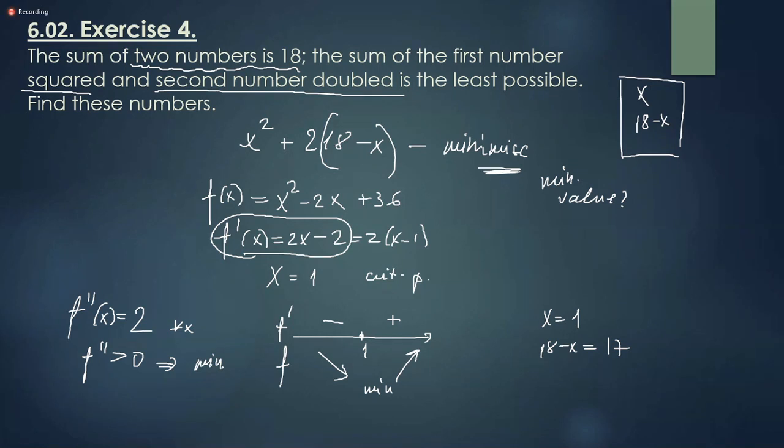So we can check for minimum or maximum in two different ways. One way is investigating the signs of the first derivative. Another way is investigating the point using the second derivative. Why is that? In a little while.